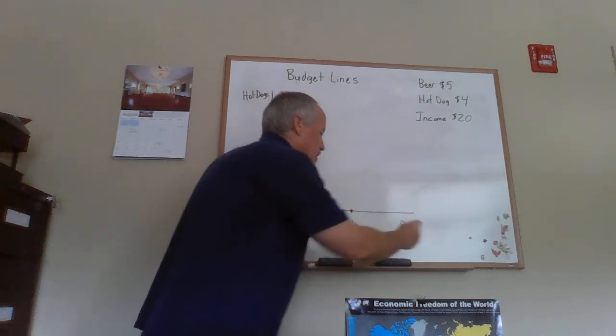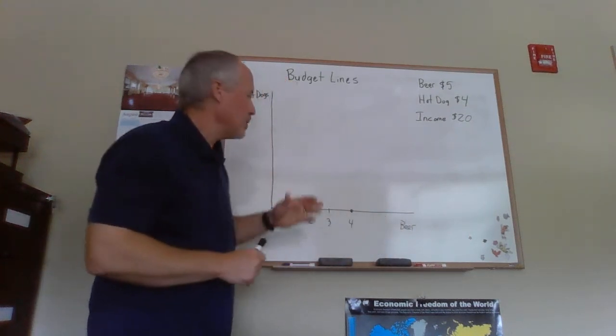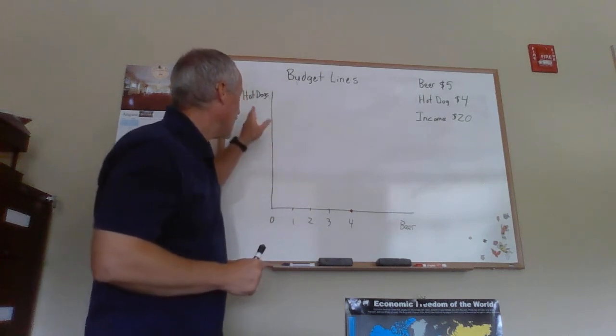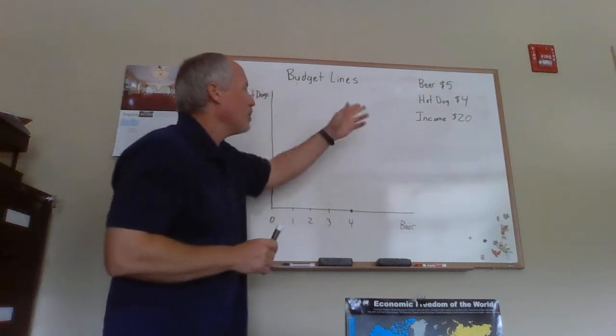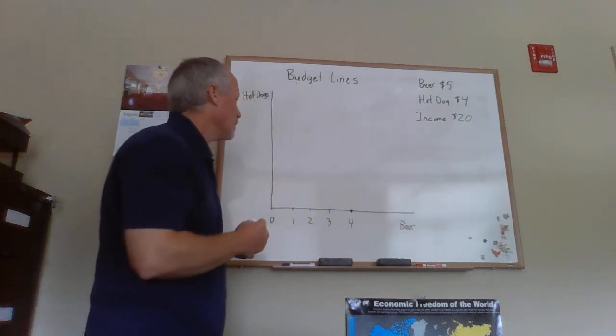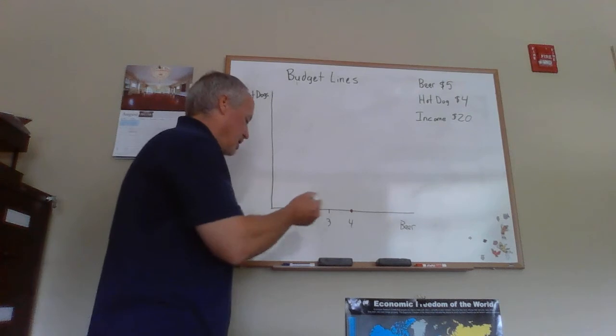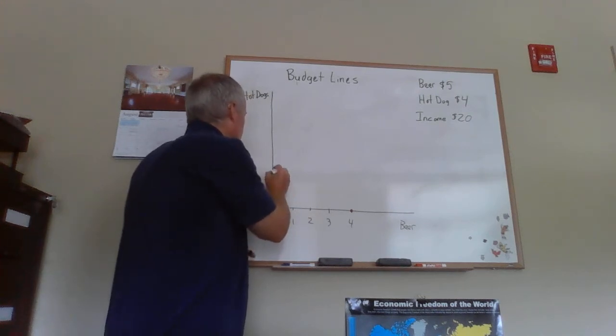The other thing we could ask is, how many hot dogs could you buy if you spent all of your money on hot dogs? Well, the price of a hot dog is $4. Income is 20. 20 divided by 4 gives us 5.